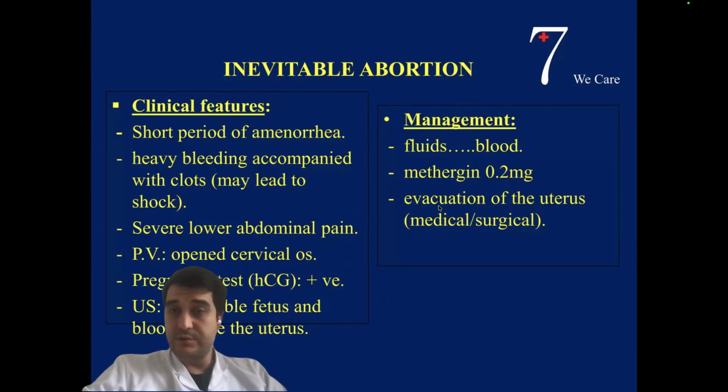Management: you can give fluids, like blood transfusion if we have a decreased hemoglobin count. Methergine, 0.2 milligrams intramuscularly. Evacuation of the fetus can be done medically, with some medicines, or surgically, by curettage.